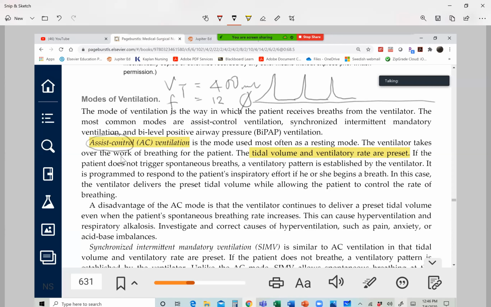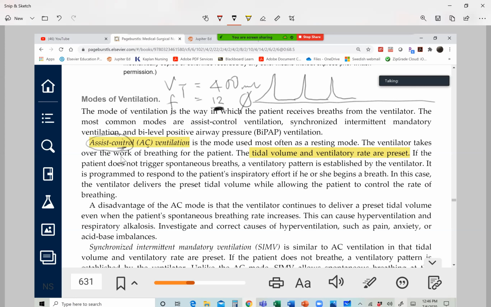However, it also maintains a certain level of control, meaning there's no way the patient will receive fewer than 12 breaths. The vent will give 12 whether the patient breathes or not. The patient will get a minimum of 12 breaths per minute. The patient has no control over that.